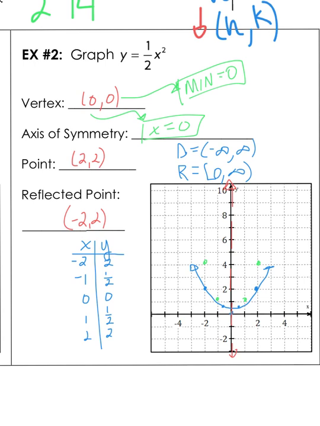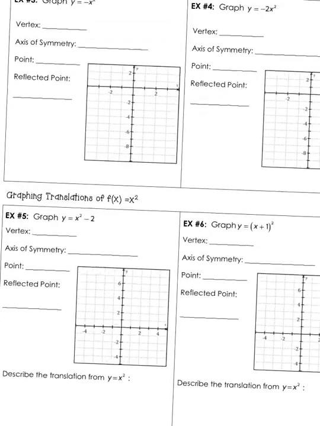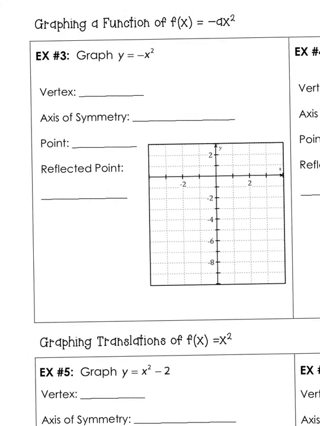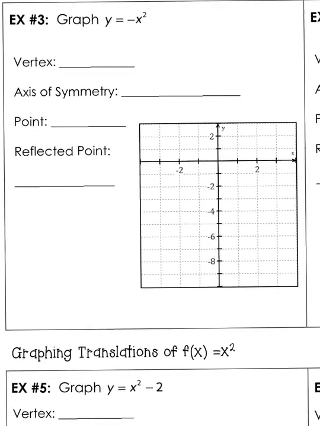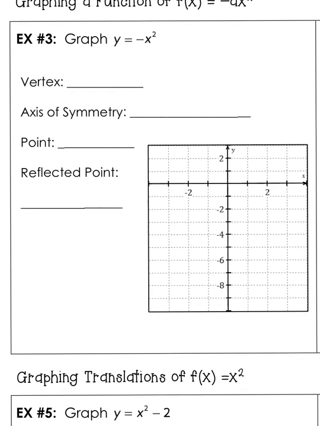All right, so let's look at example 3. Now what happens if A turns negative? Well, if A turns negative, then the parabola is going to reflect across the x-axis. For this one, my parent function used to be here.